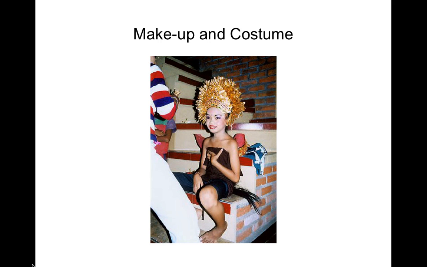They are long metal spikes with the golden fronds on them, and these are driven through a bun of hair at the back of the dancer. You can see the white powder faces being used in this picture.